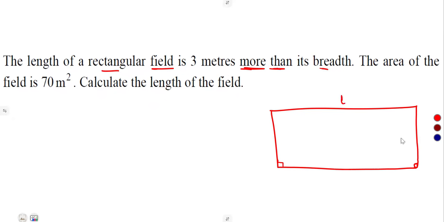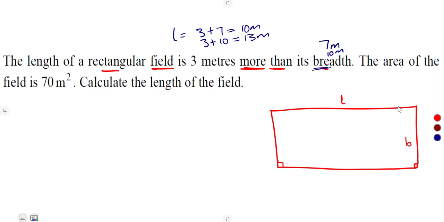Length and breadth, or width. Let's say the breadth is 7 meters. What would the length be if it is 3 meters more? It's going to be 10 meters. If the breadth is 10 meters, it would be 3 plus 10, 13 meters. So the length depends on the breadth.